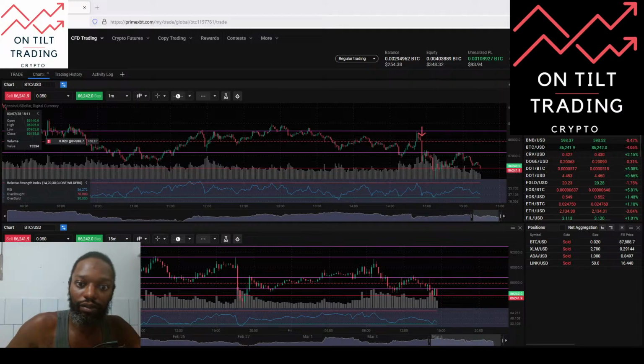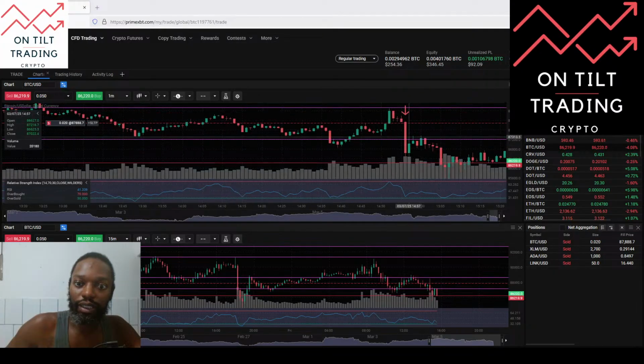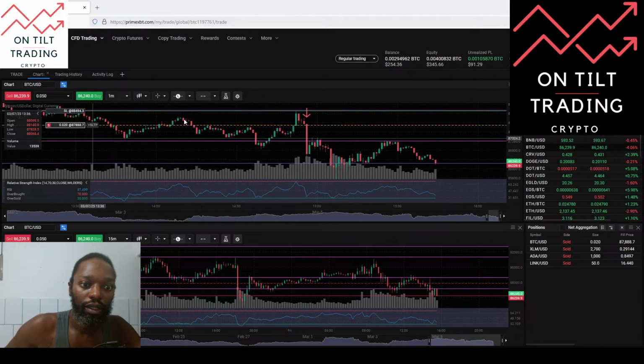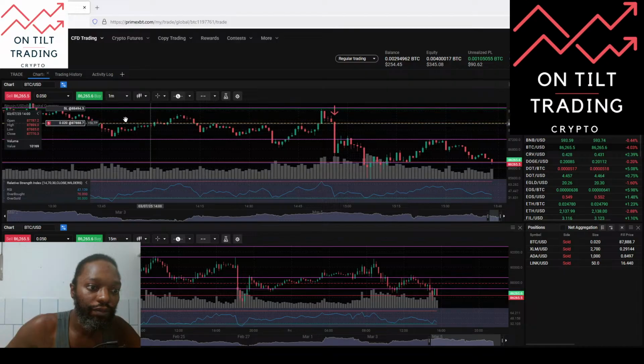So this is S3. This is S4. We have a breakout of the S4 Camarilla pivot here, and then we have the price action pulling back, and then I'm able to take this trade back up here near the pullback, and you can see this is my stop loss up here.